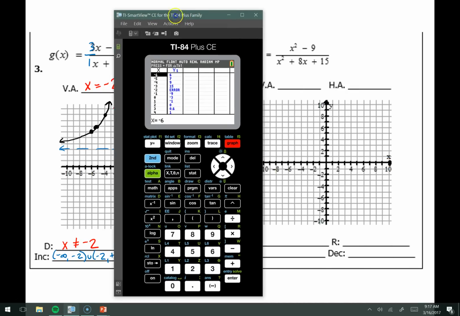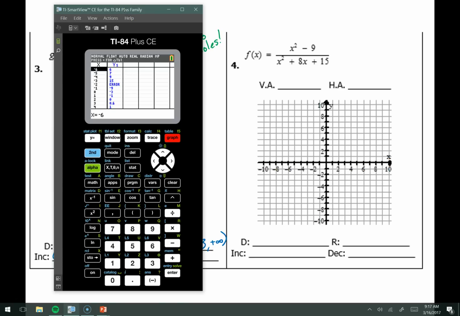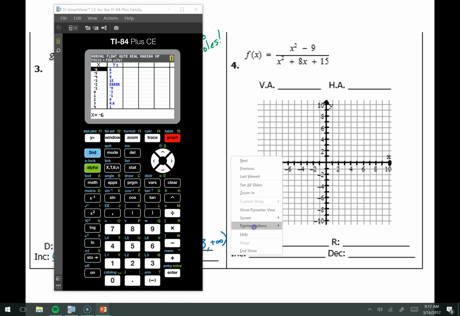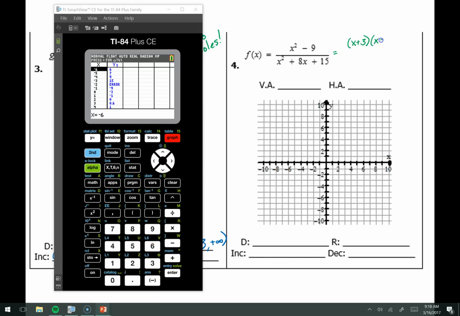Okay, let's do one last problem, and this one is going to have a hole in it. So remember, the first question is always, does it factor? And the answer is yes, it does. So let's do some factoring. We have x plus 3 times x minus 3, and in the denominator, we have x plus 3 times x plus 5.